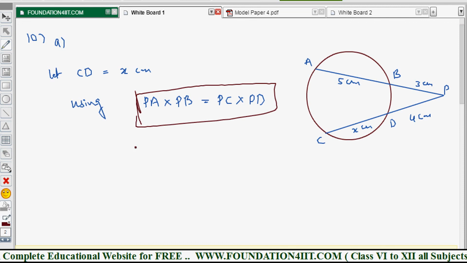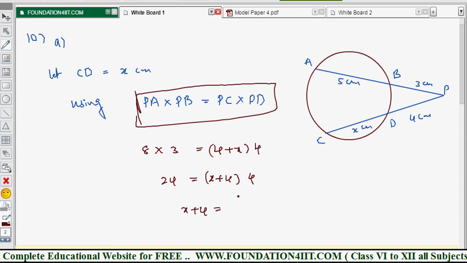Now P to A is 5 plus 3, together is 8, into PB is 3 centimeters, and P to C, that is 4 plus x, and PD is 4. If you simplify, you'll get the value of x. So 8 into 3, 24 is equal to x plus 4 into 4.